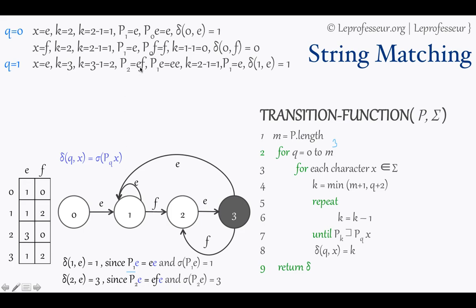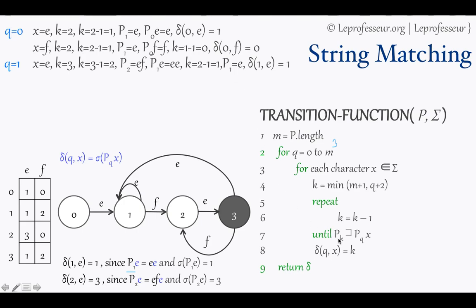So p2 is ef, and then p q x, q is 1 here. So p1 e, p1 is e, and then e. Now you see p2 ef is not a suffix of ee, so we go back and decrease the value of k to 2 minus 1, 1, and then we try to find the value of p1, which is e.